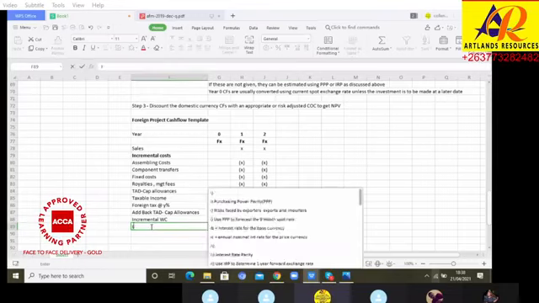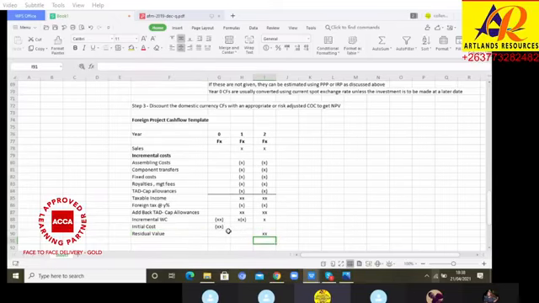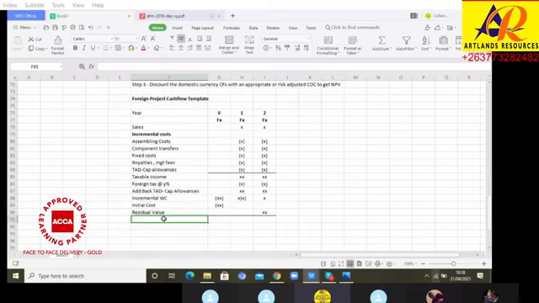Initial outlay, initial cost. So this is your initial cost. We put it in year 0. If there's any residual value, everything is in foreign currency, you put it in the final year if there's any. Now, after you have gotten to this stage, you then say net cash flow.